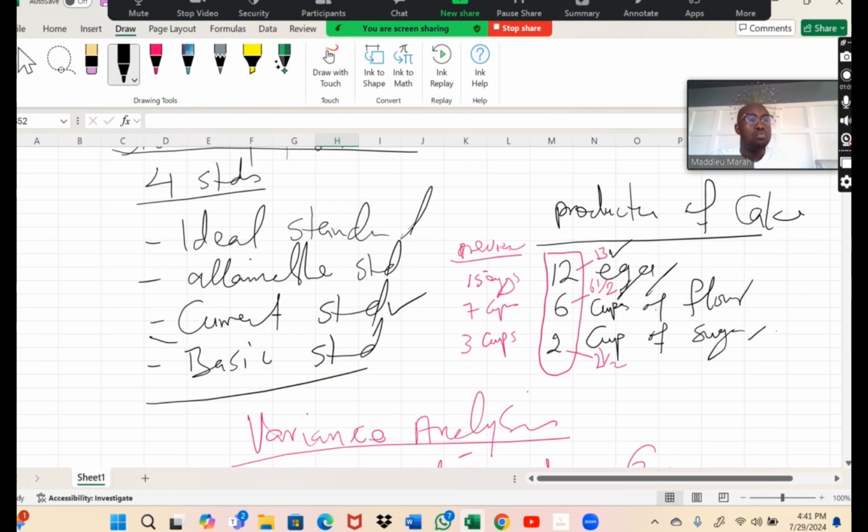That is the attainable standard. Attainable standard here means you create some room, you leave some space, you give room. You understand? You set a standard that creates some allowances for wastages. Get it? So that is attainable standard. You created some allowances. Is that okay?